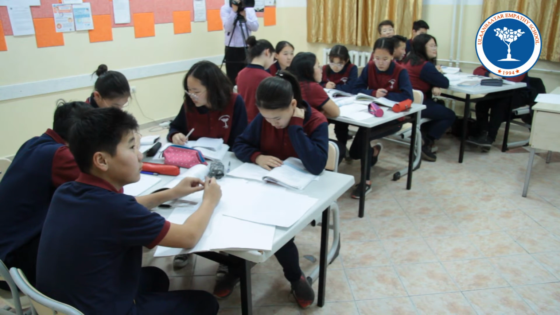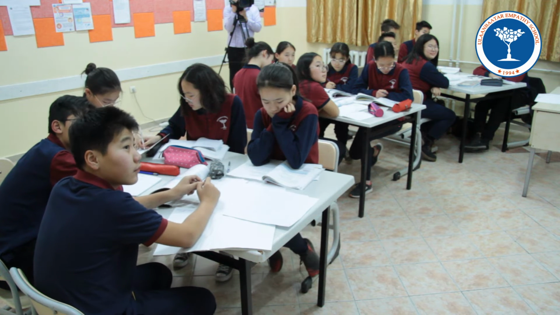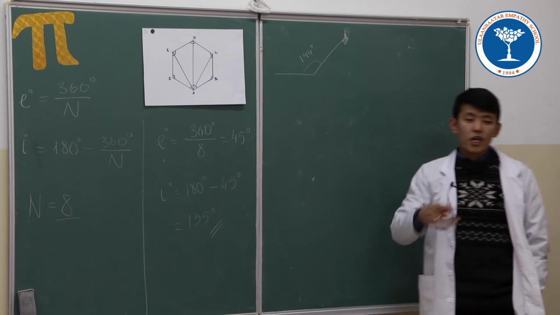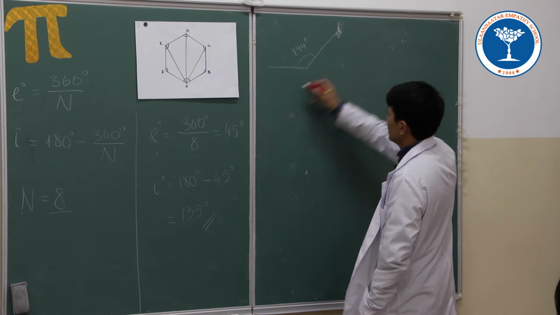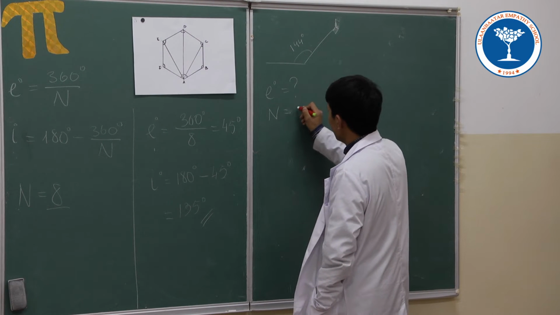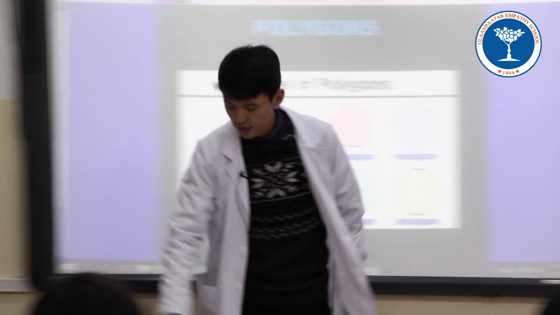So, we have a polygon, and this is 144. The question is, what is the exterior angle and the number of sides? Who has any idea? Who has ideas?